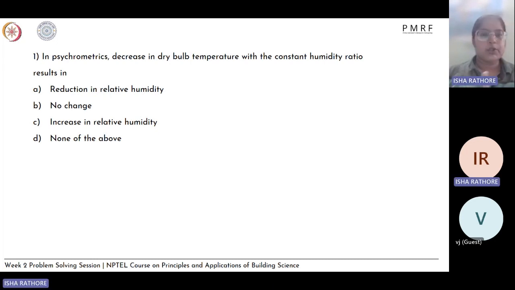So if you remember, the psychrometric chart is the relationship between dry bulb temperature on the x-axis and the humidity ratio on the y-axis. And the relative humidity is in the form of these logarithmic lines with 100% as the outermost logarithmic line.